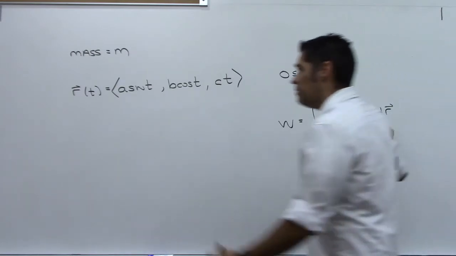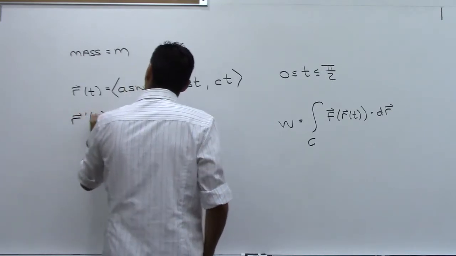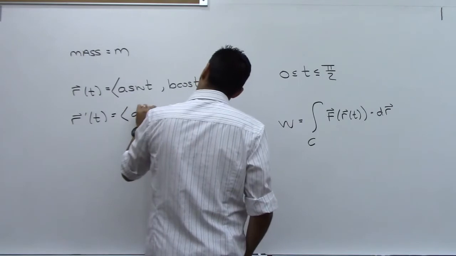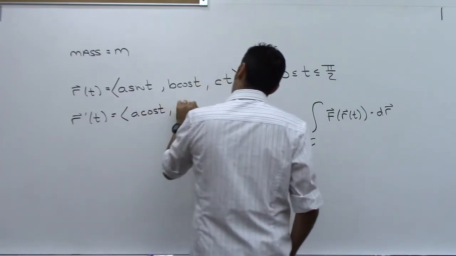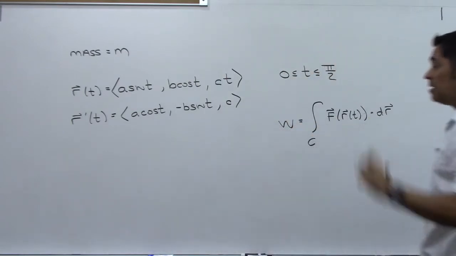We'll need its derivative, which is going to be a cosine t, negative b sine t, and c. So a, b, and c there were constants.